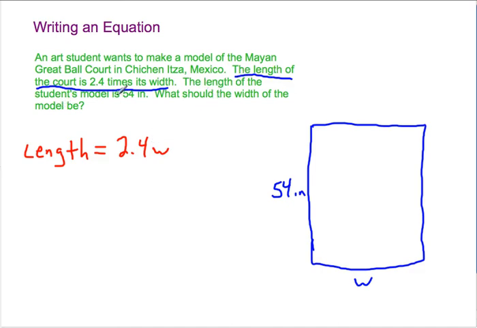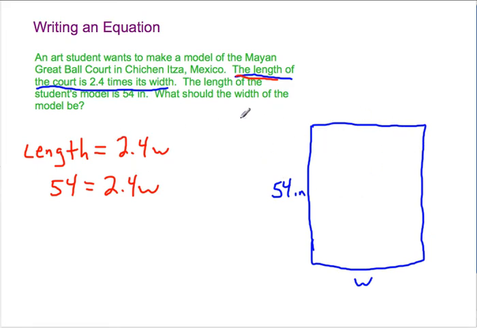So the length of the student's model is 54 inches. What should the width of the model be? So originally we put length based on this sentence here: the length of the court is. But in this next sentence it says the length of the student's model is 54 inches. So we can replace that length with 54, because we know the model is going to be in the same ratio as the actual court.